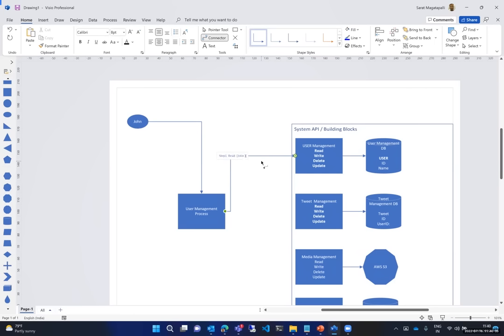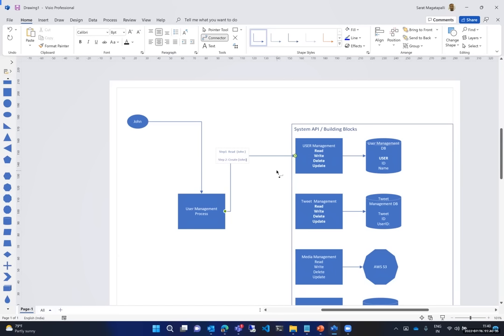So the process API is talking to my read API and checking if John is a new user or a duplicate user. That's step number one. Let's assume it is a new user. We could not find John in our database. Step number two, we are creating John in our system. Basically, we are calling the create API with John's credentials.